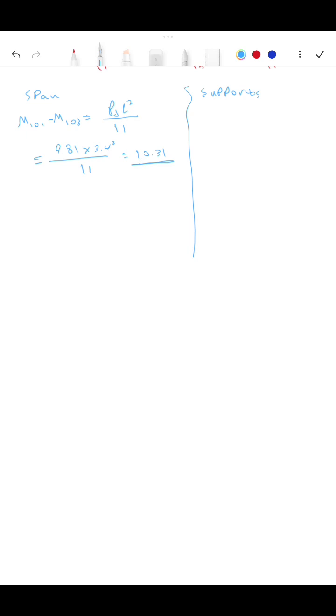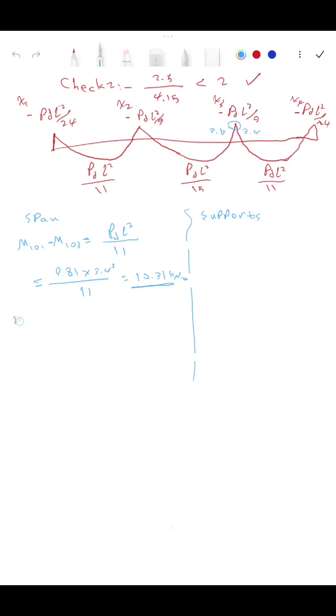This is the first moment. The moments are so important, and it's kilonewton times meter. Then we start with M102. M102 equals PDL square over 15. In this case PD equals 9.81, and L is the mid span, so it's 3.6, square over 15.